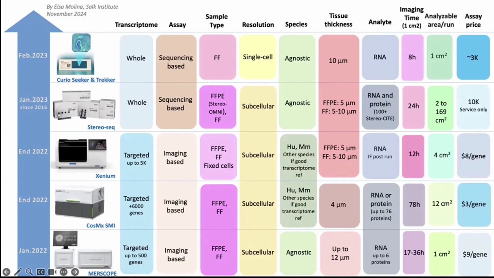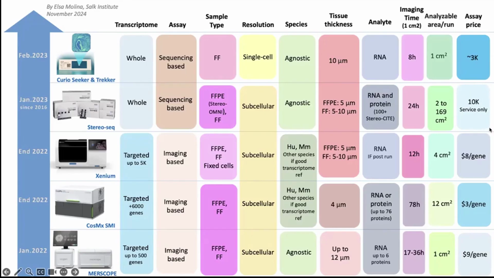However, consider that after performing Curio, you have to proceed with either 10x Genomics single-cell RNA-seq technologies, or BD single-cell RNA-seq technologies. So the cost of those downstream assays is not considered here.